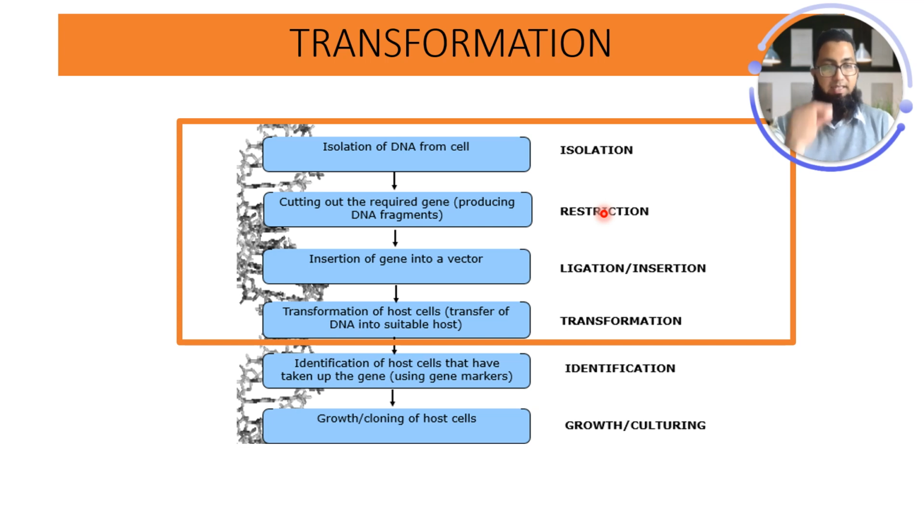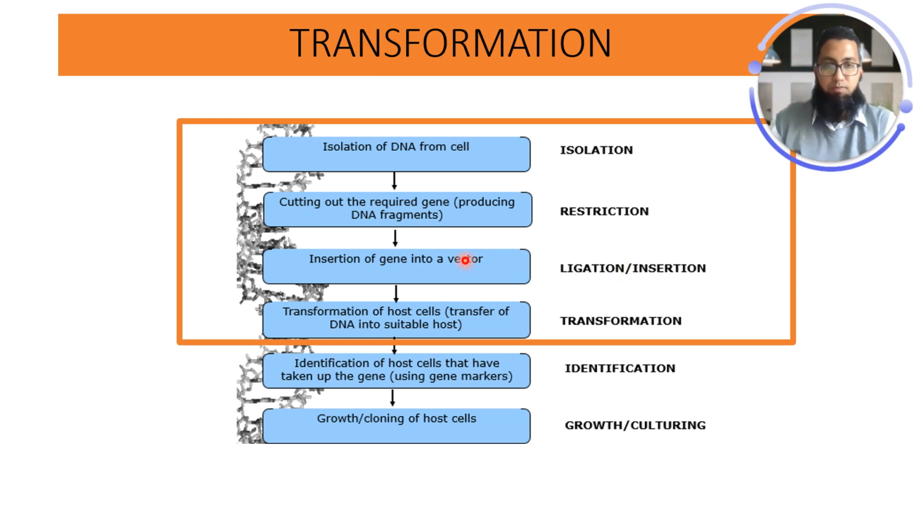So you can have a sticky end in your desired gene, and using the same restriction endonucleases on the plasmid, cut the plasmid out, having the same complementary sticky ends. And now we have two things: plasmid with sticky ends and our desired DNA with sticky ends. Then we ligate them together. We join them together using ligase, and that's our ligation or insertion.